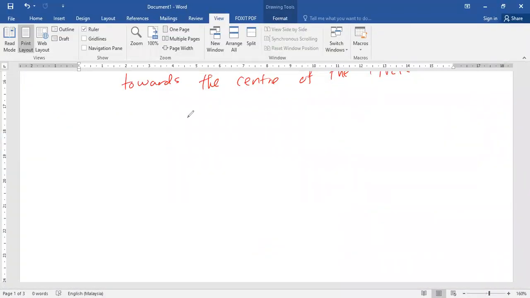Now for question 1.1, the velocity of the bob. We use the formula v equal to R omega, where omega is 2 pi f.